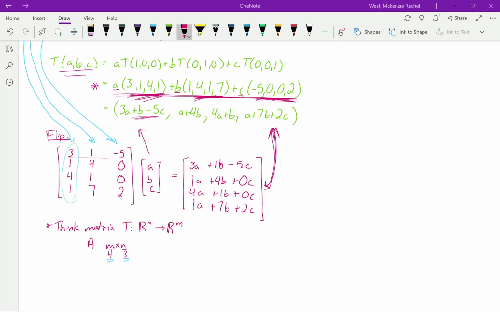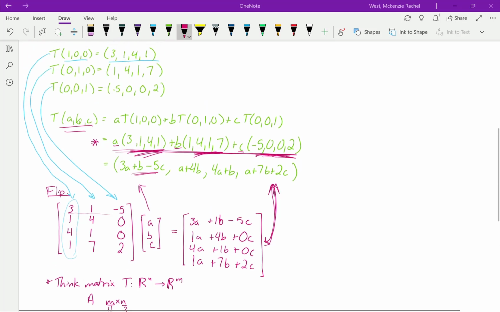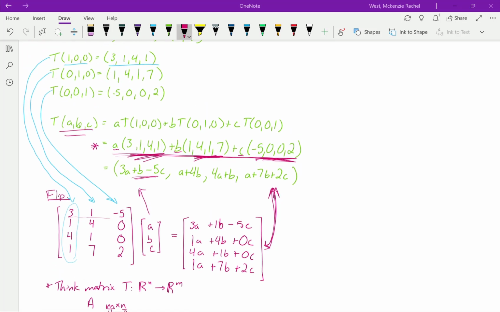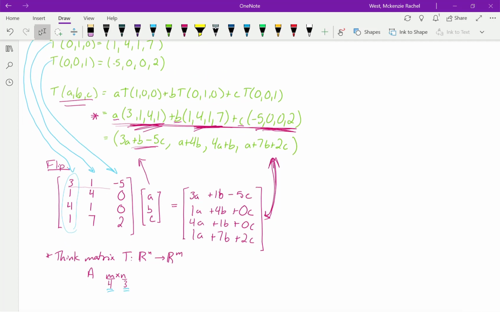So this is what we're going to be doing today. Again, we're going to be taking similar things to these blue arrows here, these big long ones that I messed up a few times, but ultimately got there. We're going to take these and put them in columns. So it turns out, therefore, T is a matrix transformation.